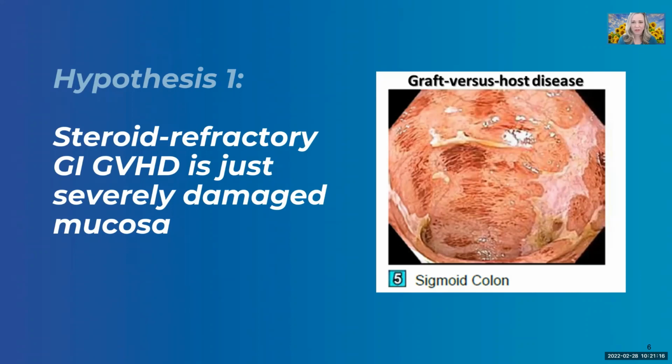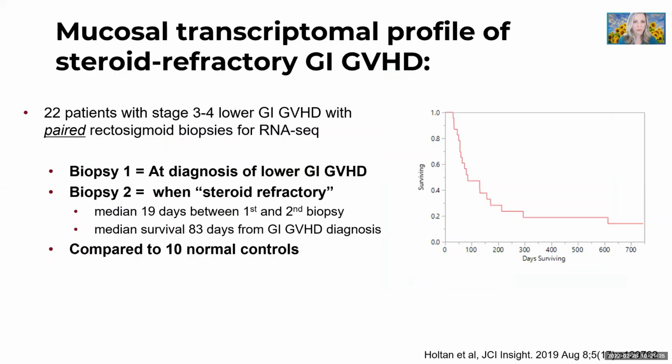The first hypothesis that we will look at is that steroid refractory GI GVHD is just severely damaged mucosa. A couple of years ago, I published on the mucosal transcriptomic profile of steroid refractory GVHD. This was a study of 22 patients, all of whom had stage 3 to 4 lower GI GVHD, and they had paired rectosigmoid biopsies.